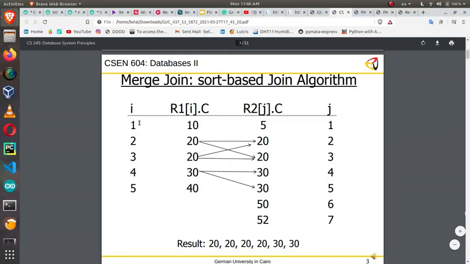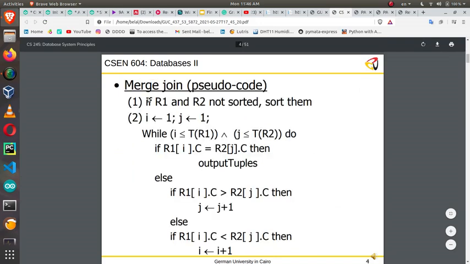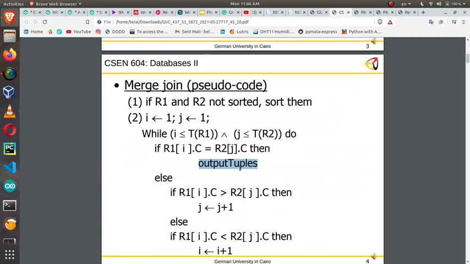So this is the basic idea behind the merge join, and here's the pseudocode. It's pretty simple. If the current two items are the same, then we enter a nested loop to output all of the possible similar pairs. Else we increment the iterator of the relation with the lesser value.